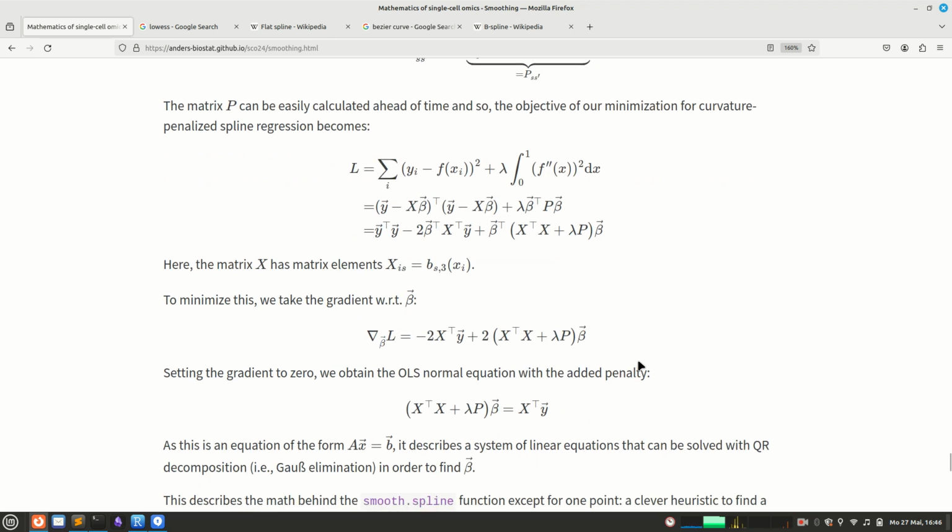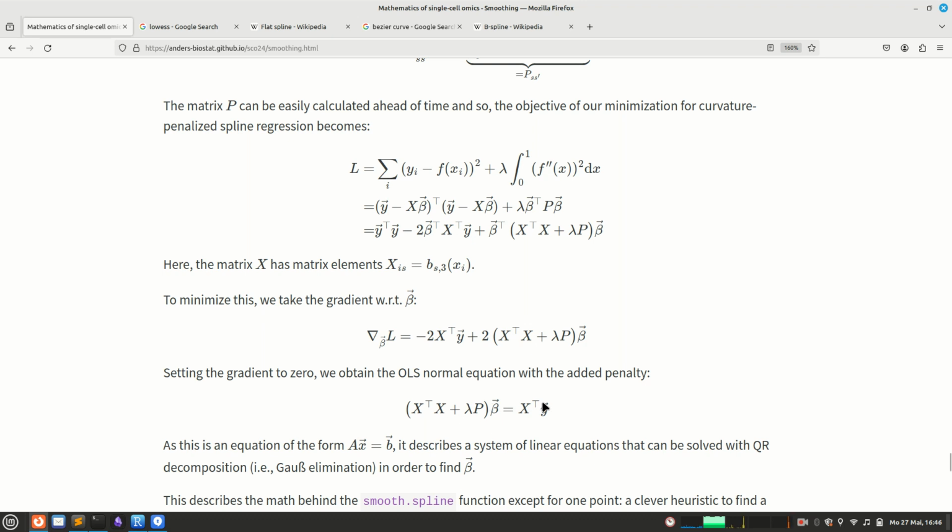And if I set this to 0, then of course I can put this on the other side and say I want to solve this expression. Xtx plus lambda p beta is xty. And that is what we call the normal equations in the context of linear models or of ordinary least square. Because this thing here, xtx plus lambda p, once you have pre-calculated your p and you have calculated your x, and also decided on a penalty coefficient lambda, this is just a fixed constant matrix.